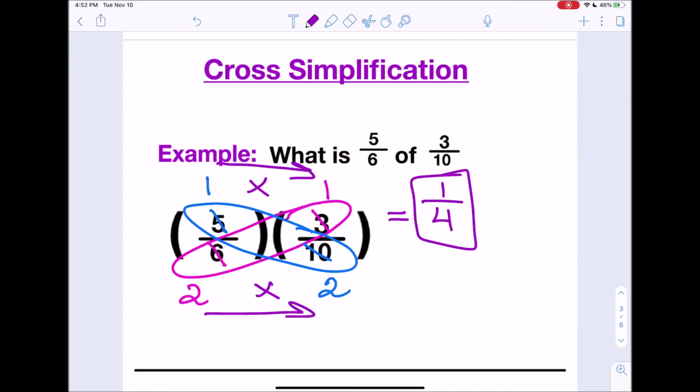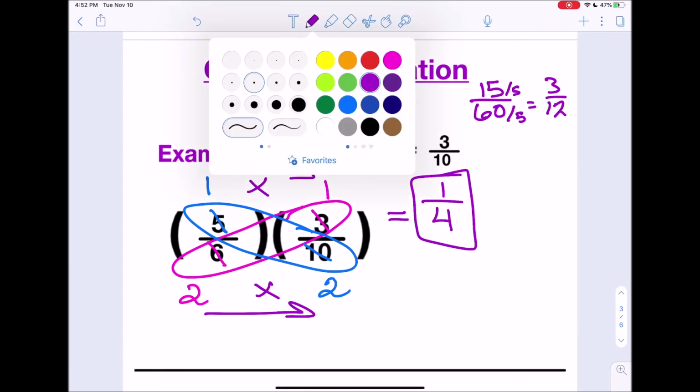Now, if you hadn't done that, you would have gotten 15 over 60, right? 5 times 3 is 15, 6 times 10 is 60. But these are much bigger numbers, and then you'd have to go through and divide them. So 5 goes into 15 3 times, 5 goes into 60 12 times, and then you'd have to simplify again.